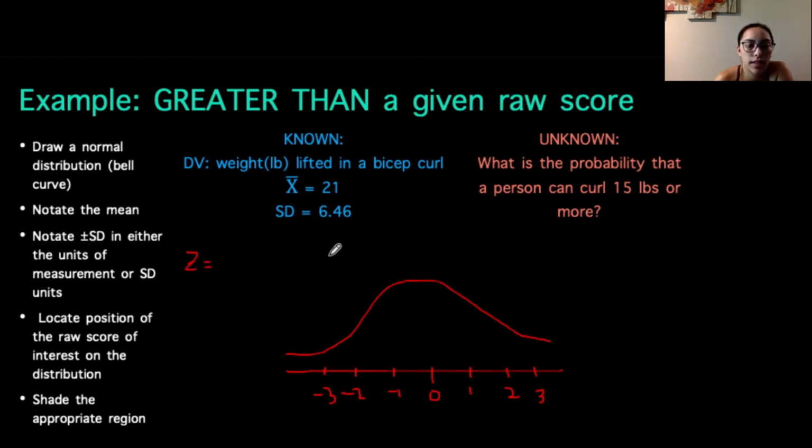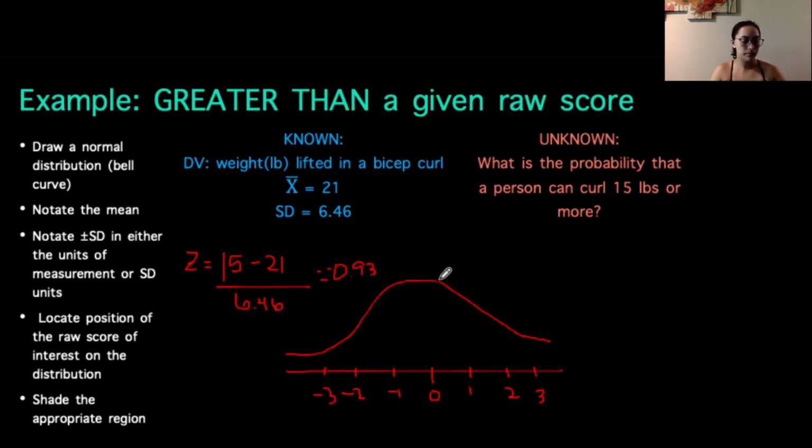Okay, so we can easily calculate our z-score to find the probability that a person can curl 15 pounds or more. So raw score is 15 minus 21 divided by 6.46. So we should be negative again. 15 minus 21 divided by 6.46 gives us negative 0.93.